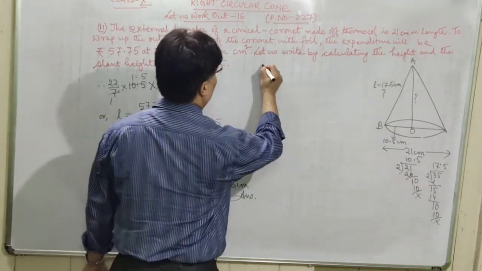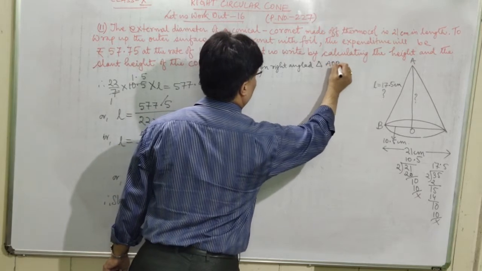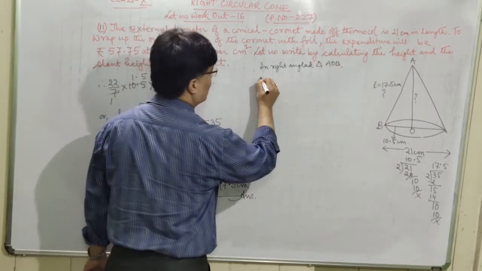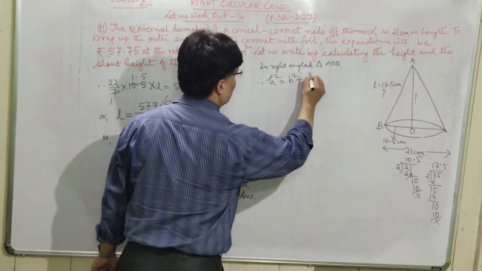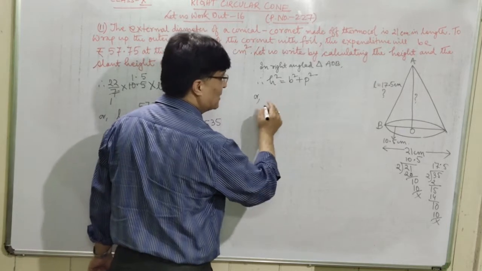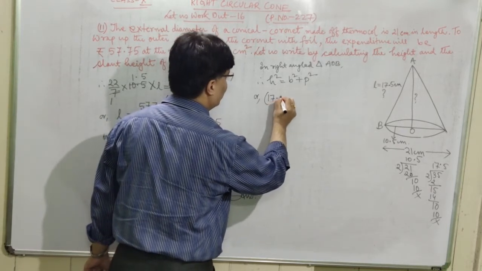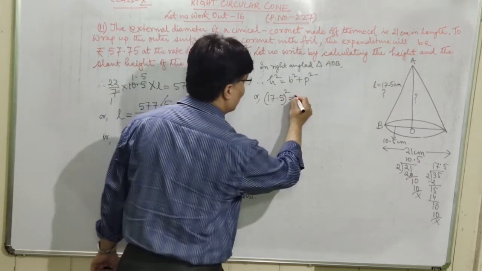So now in right angle triangle AOB, you know Pythagoras theorem, h square is equal to b square plus p square. So now here what is h whole square? H is the slant height, that is 17.5 whole square is equal to, what is the base whole square?